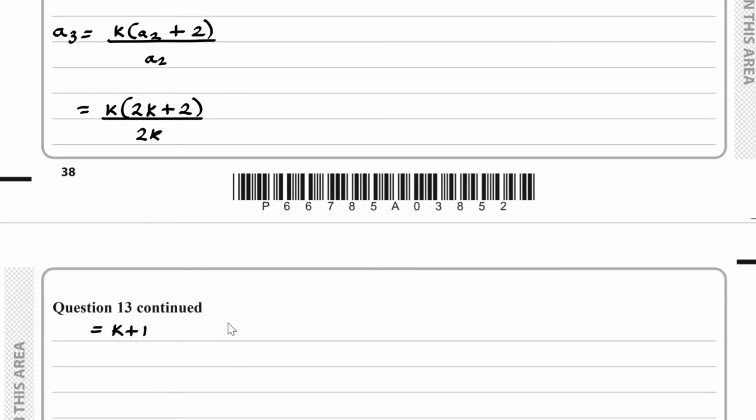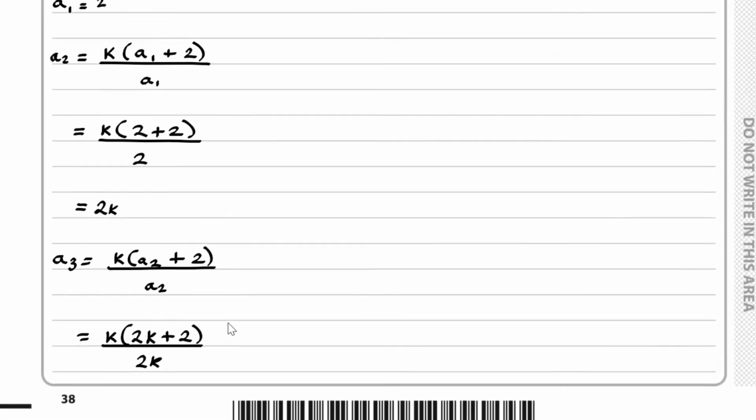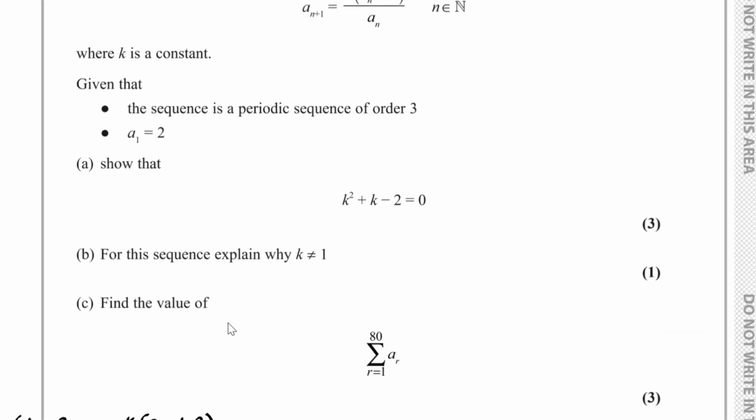We can continue with this. The reason I want to continue is that if we have a periodic sequence of order 3, this suggests that a1 is equal to a4, which is equal to a7, etc. So we want to find out what a4 is and set them equal to each other.